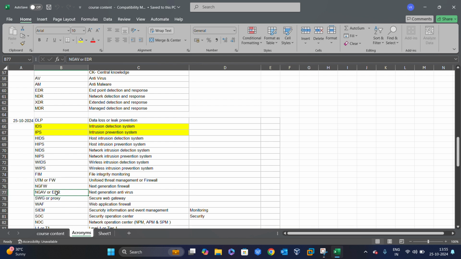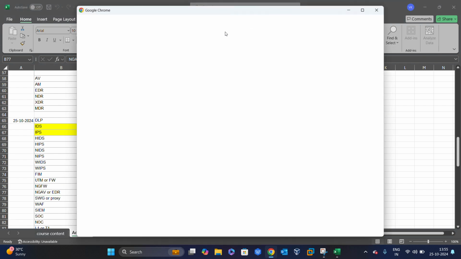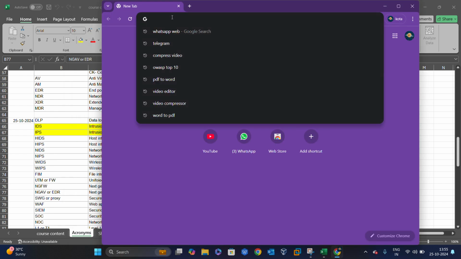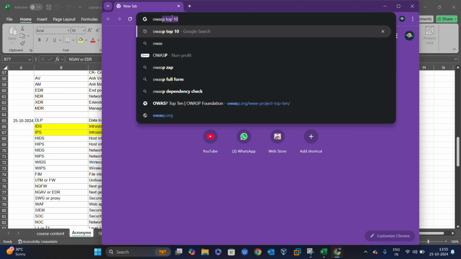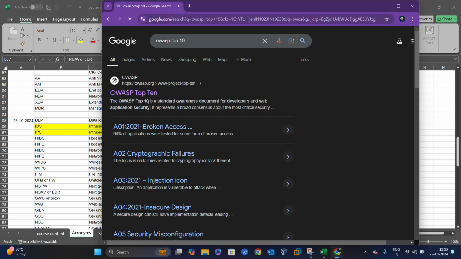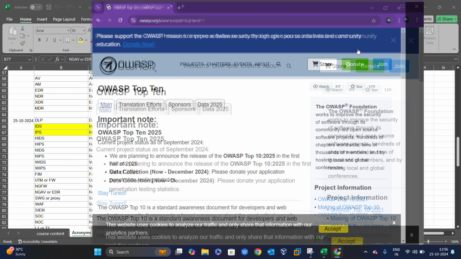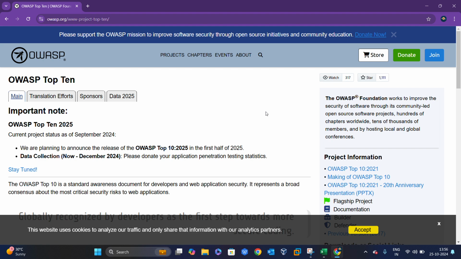I will show this one. I have shown this one. They conducted the survey in 2001, and that website name is also OWASP. So this is dedicated to application layer side attacks.